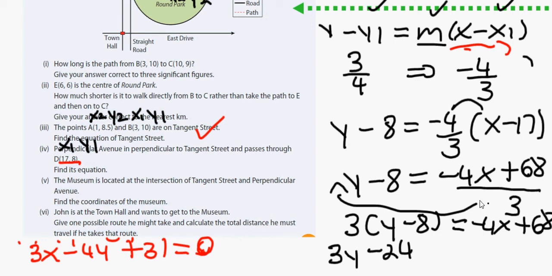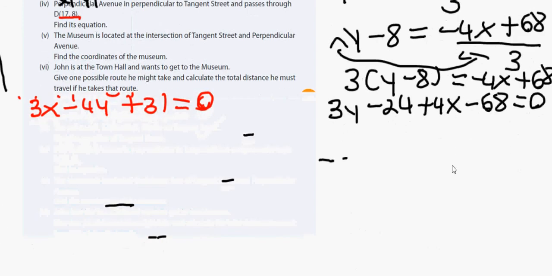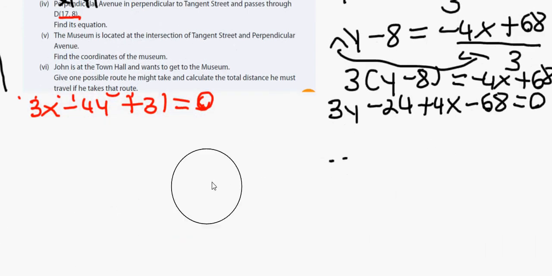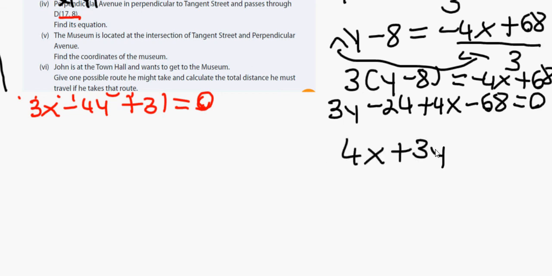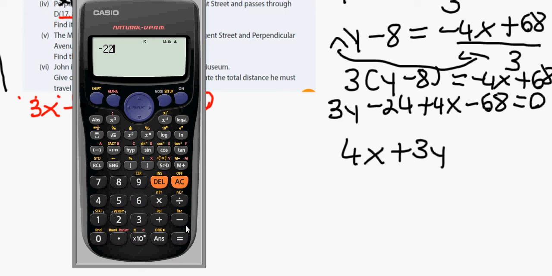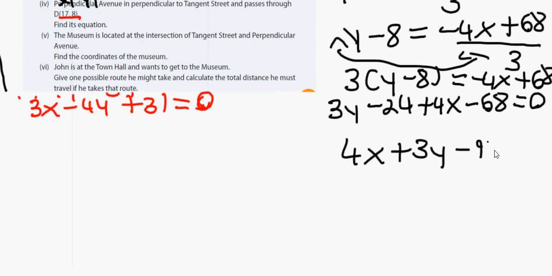Bring over the 4x, plus 4x. Bring over the 68, you get -68 equals 0. Now, move the x to the front. What we get is 4x plus 3y minus 24 minus 68, minus 92, equals 0. Okay, so that's that one done.